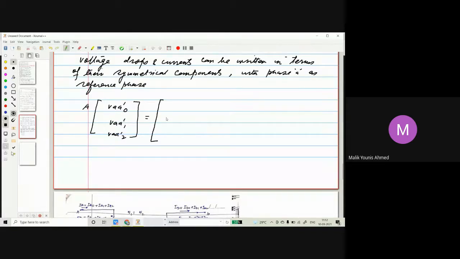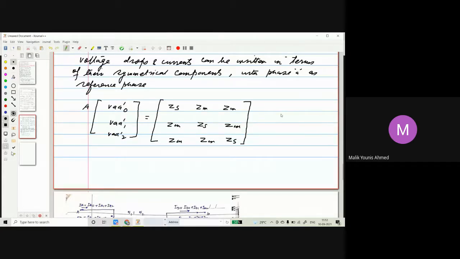So the matrix will be the same: ZS, ZM and ZM. Then we will have ZM, then ZS and ZM. Then we will have ZM, ZM and ZS here.